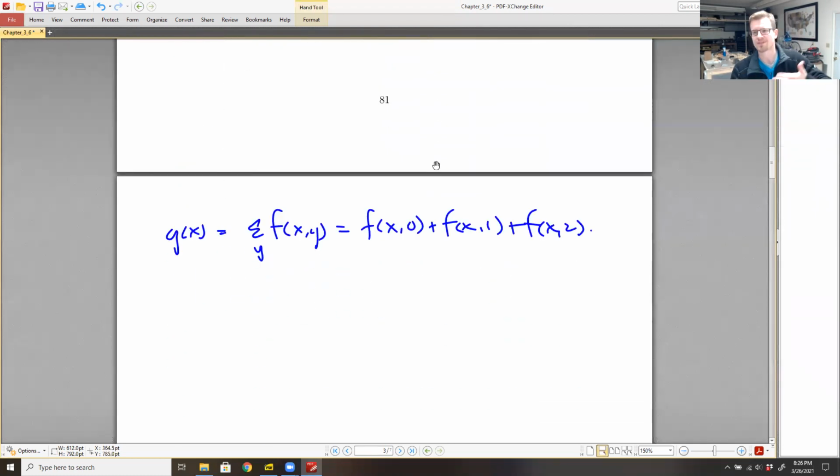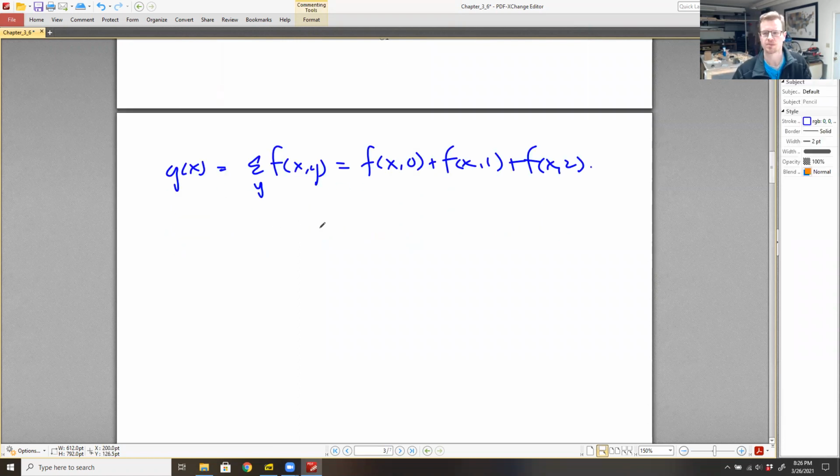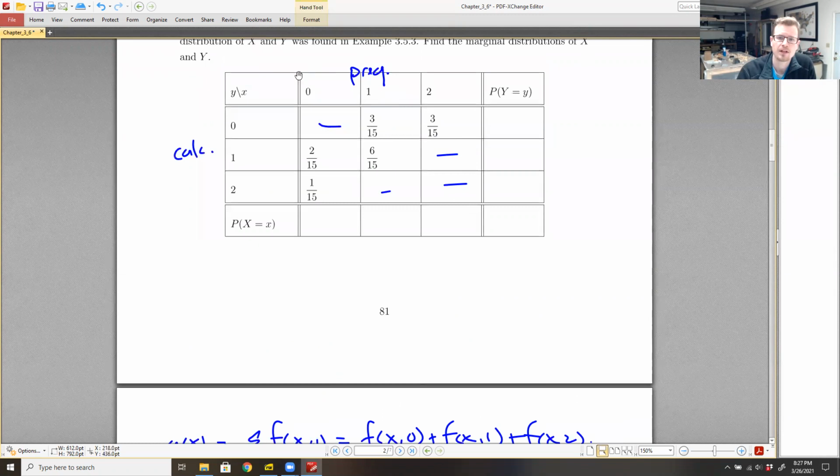And so we have to do the same sort of thing for this particular example. Essentially we can give it piecewise, because there's only 3 inputs. That's not a problem. So if we look at x equal to 0, because x can take on the values 0, 1, or 2 as well, when I look at 0, 0, that's just 0. When I look at 0, 1, that's 2/15.